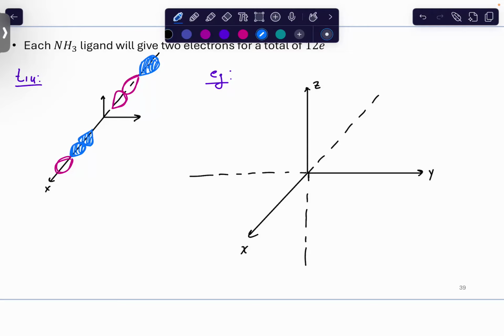So let's, okay, so put a ligand field like this. Okay. Now around the center.